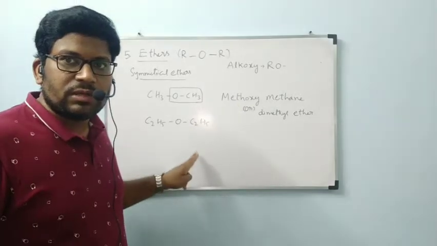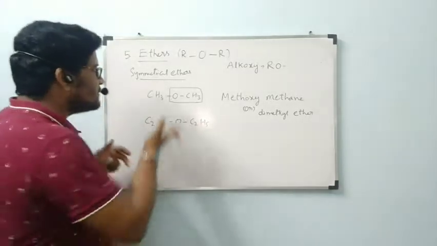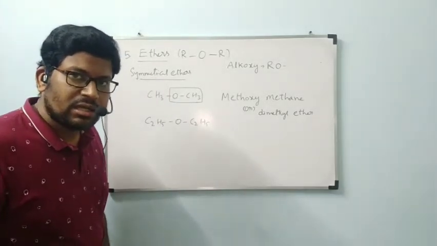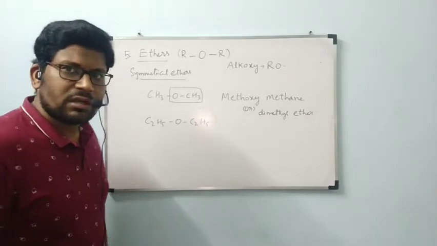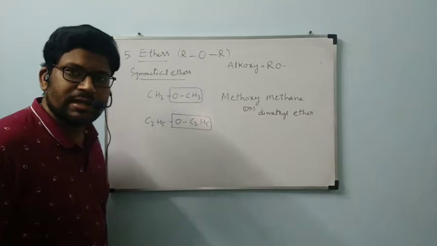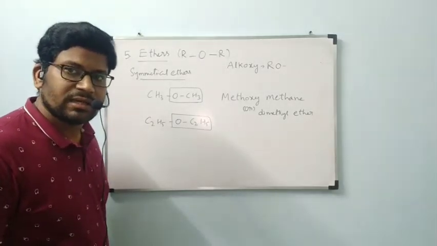Now, how are we going to give the name of the second compound, C2H5OC2H5? This one also contains the same groups, because we are discussing symmetrical ethers, so the same number of carbons is present. Join any alkyl group with oxygen. Here it is an ethyl group, so this is called ethoxy.